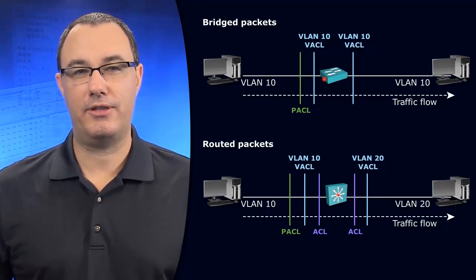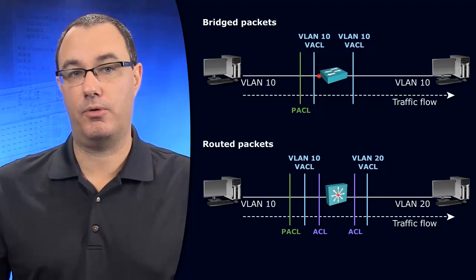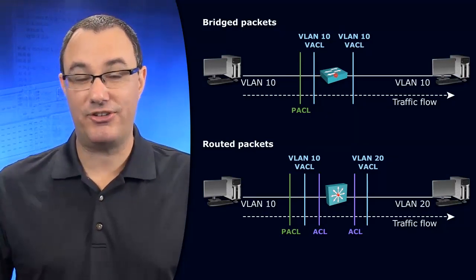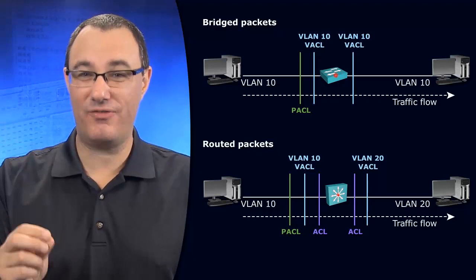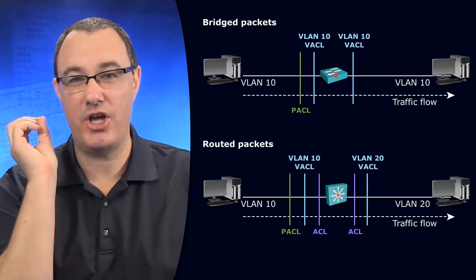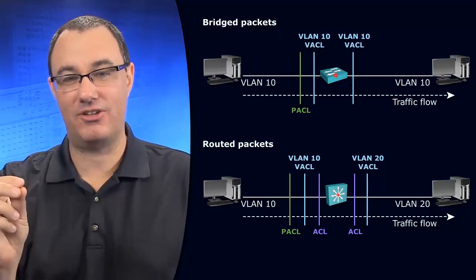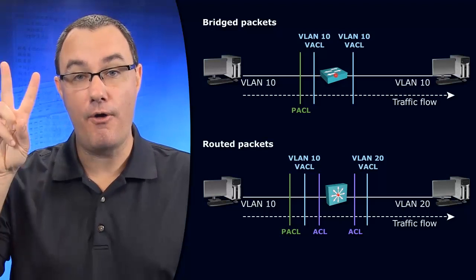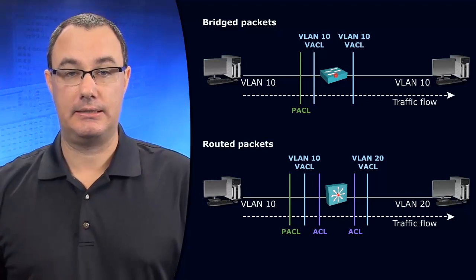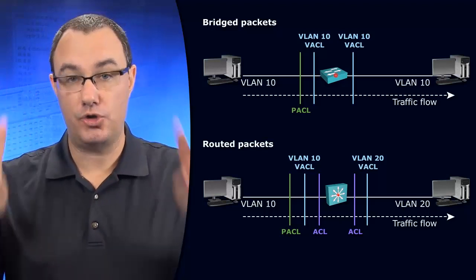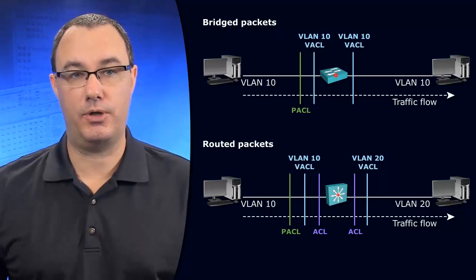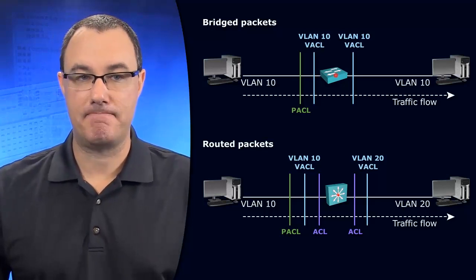You don't want to think that it's applied inbound on a port or outbound on a port. It's just anything going through this VLAN is going to have to pass muster. It's going to have to pass the test. It's going to have to be explicitly forwarded instead of dropped. Those are the two actions that we are typically going to take.